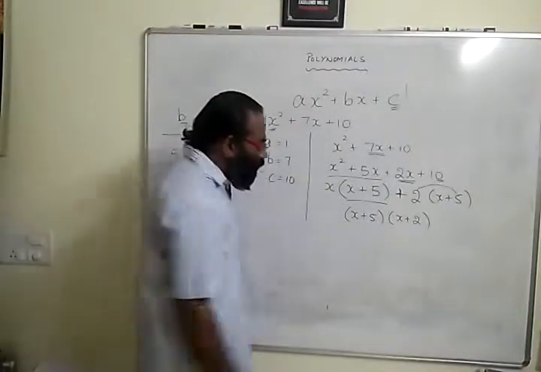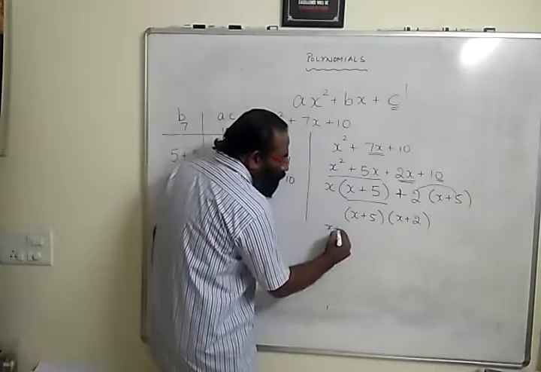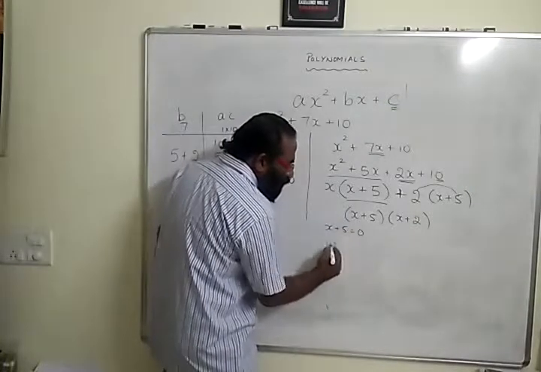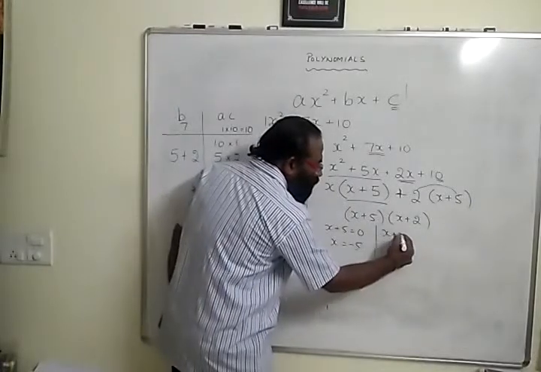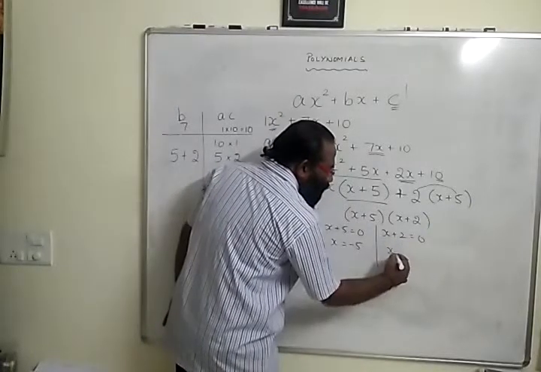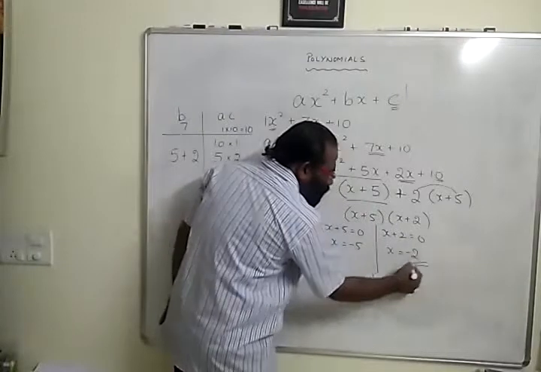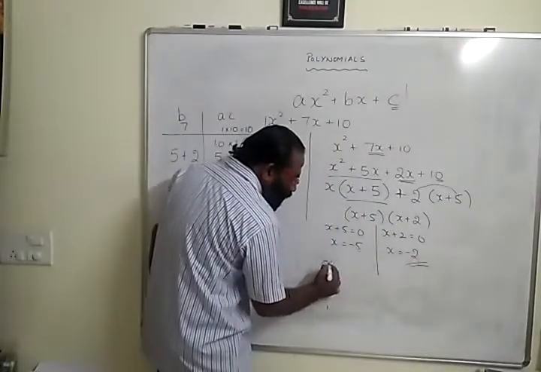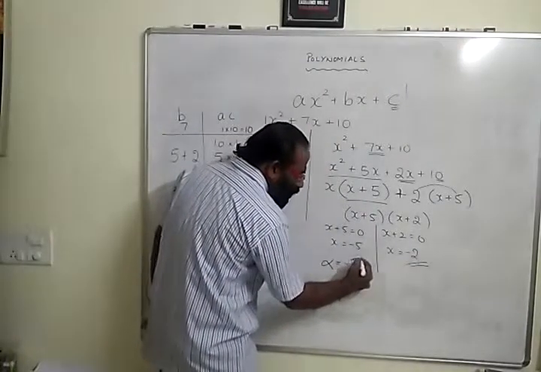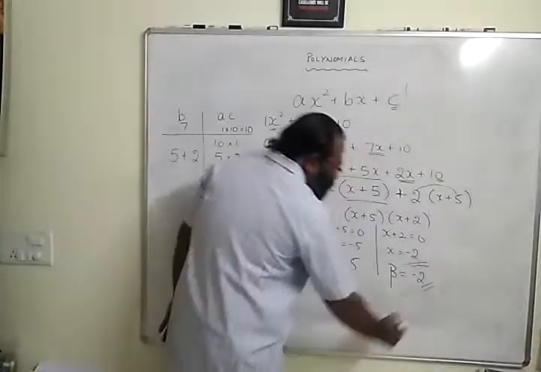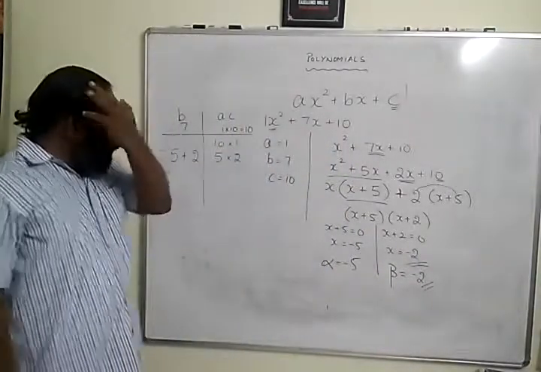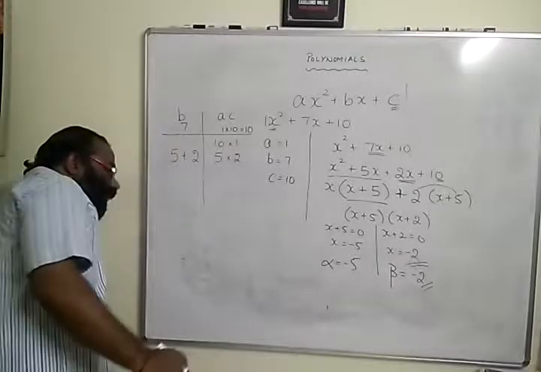So what are the zeros now? x plus 5 can be 0. So that means x is equal to minus 5, or x plus 2 can be 0, which means x is equal to minus 2. So that means alpha, the first zero, is minus 5 and beta is equal to minus 2. Now after this you have to verify.